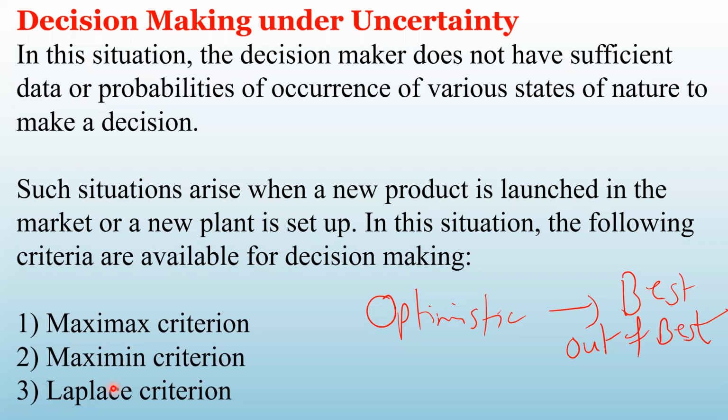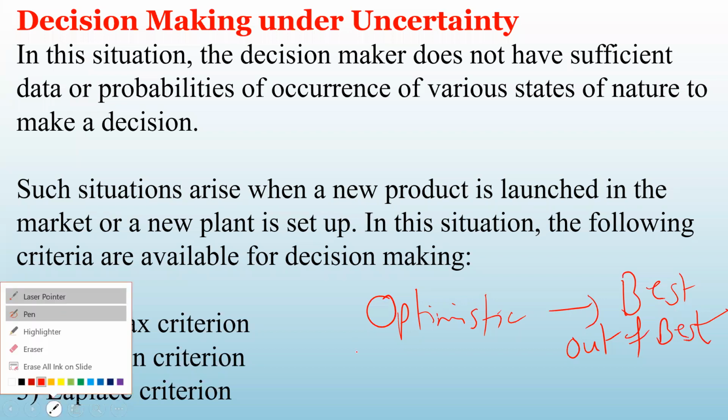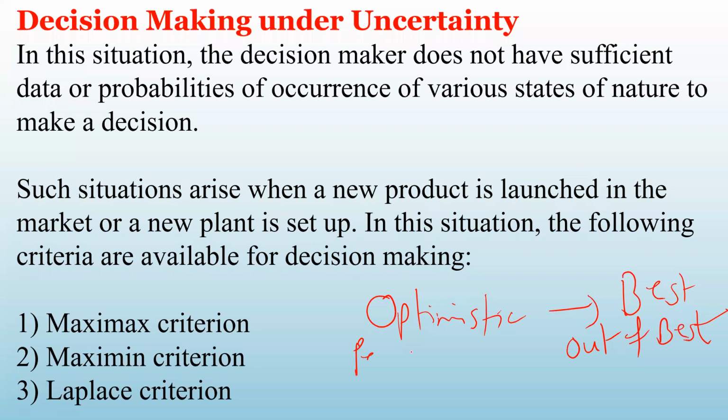The second one is the Maximin criterion. The approach of the decision maker here is not optimistic, but pessimistic. Pessimistic means slightly on the negative side.